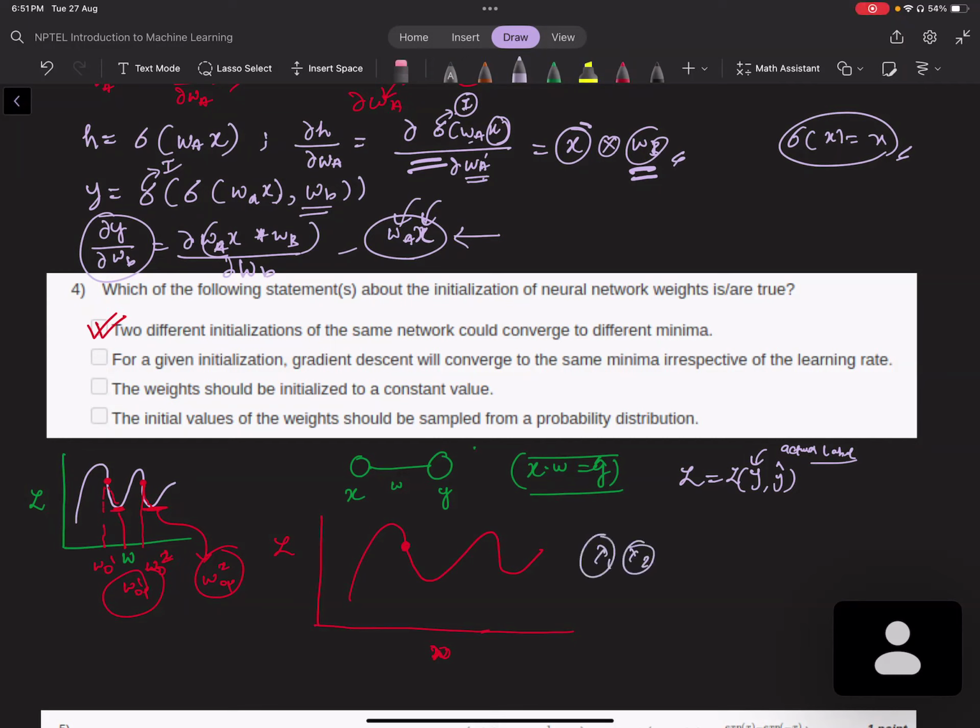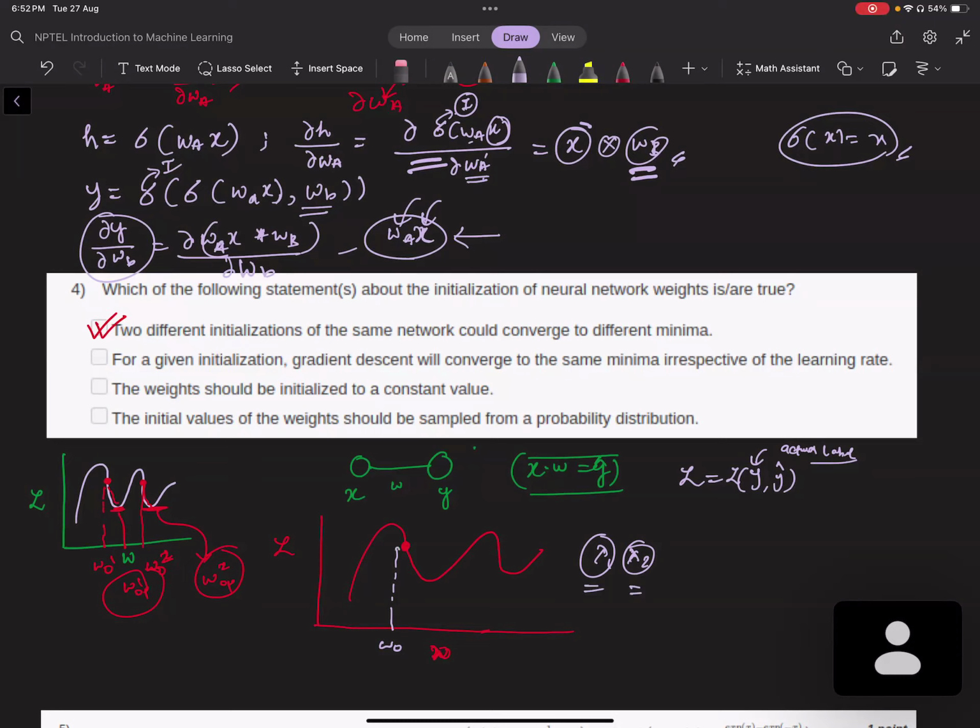It is saying that for a given initialization W0 and two different learning rates, gradient descent will converge to the same minima irrespective of the learning rate.